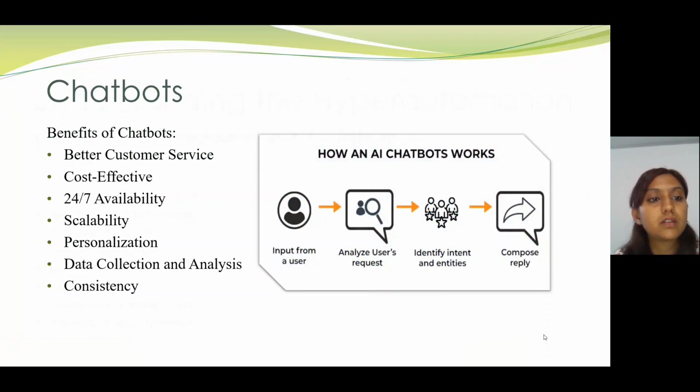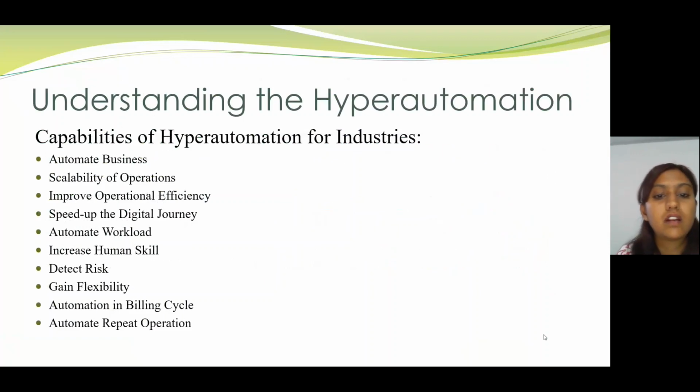So by this we're going to end the technologies, and now coming to the understanding of hyperautomation. The writers George Lawton and Corinne Bernstein have studied the categories that make up the technological ecology of hyperautomation.